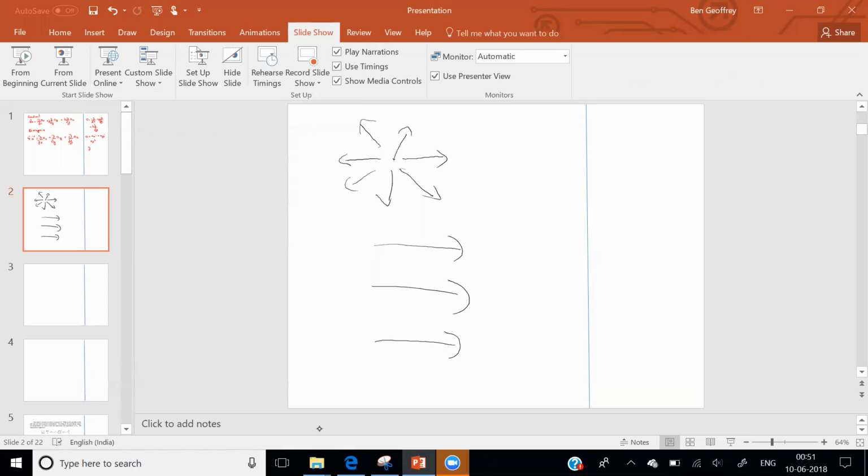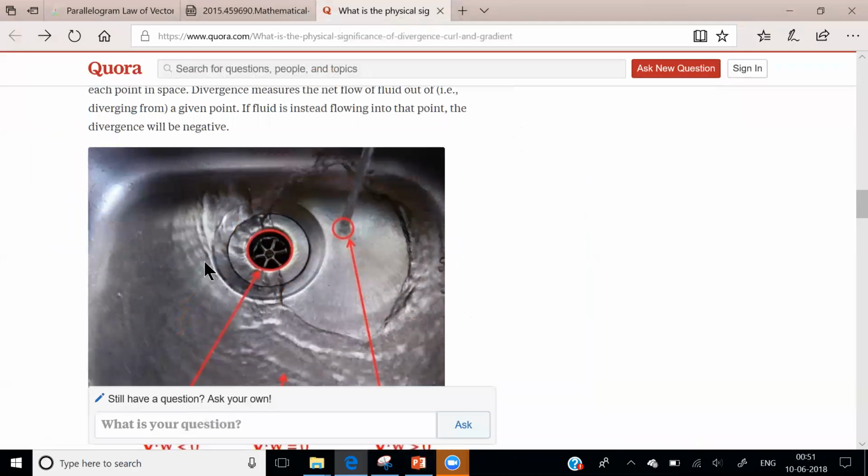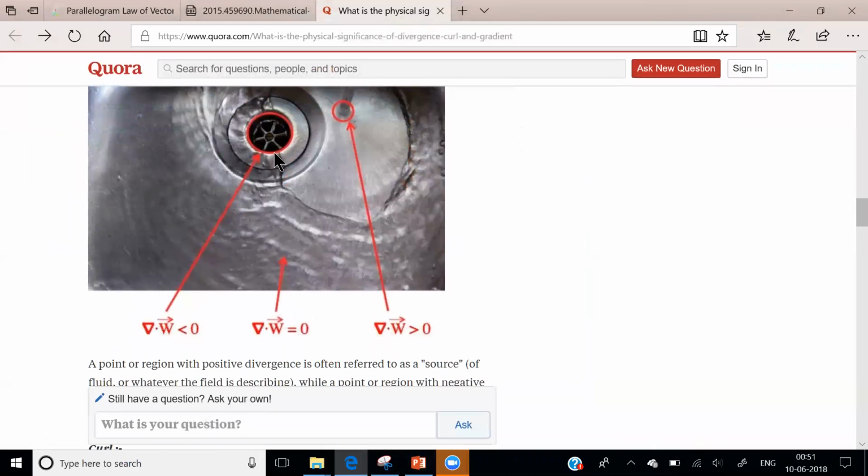That's why it's called a vector field. If you take the divergence of such a field, you will get 0. And if the flow is flowing inward to a point, then you'll get a negative divergence. You can see in this figure that at this point it's flowing into this hole, so the divergence is negative.